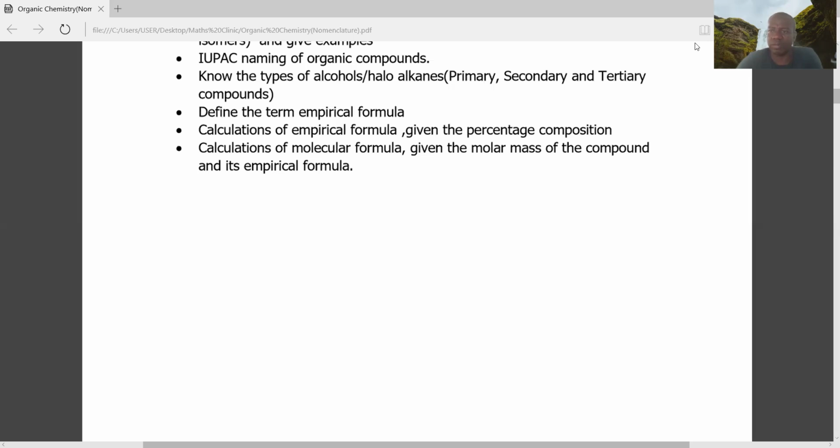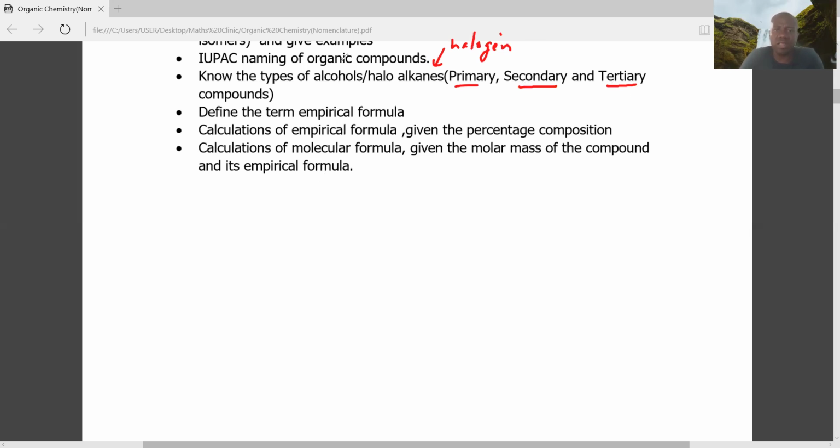I apologize, guys, I'm just experiencing connection issues. As I was saying, the same definitions apply, now changed for a haloalkane. We're not going to talk about the hydroxyl group, now we're going to talk about the halogen. So when the carbon atom attached to the halogen is bonded to one carbon atom, it's a primary haloalkane. Two carbon atoms, it's secondary, and three carbon atoms, it's tertiary.